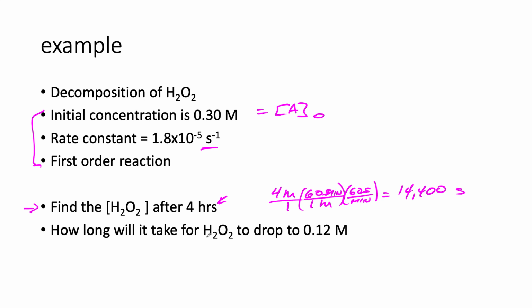The second part is how long will it take for the concentration to drop 2.12 molar. So we've got two things we're looking for. The second is going to be the hardest one, and the first is actually easy to calculate. We're going to go over both to see how you do.